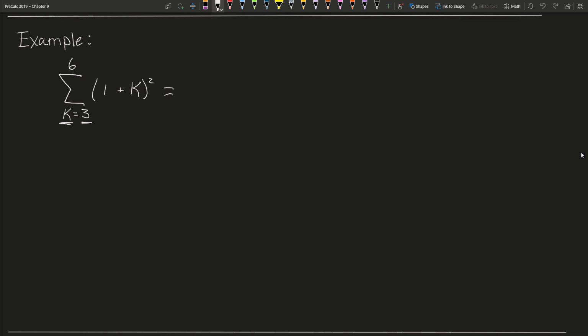All right. So again, this is saying we want to take the sum of 1 plus k squared from k is equal to 3 all the way up until k is equal to 6.